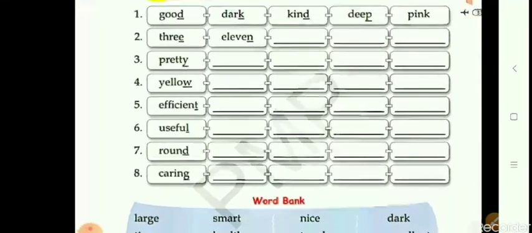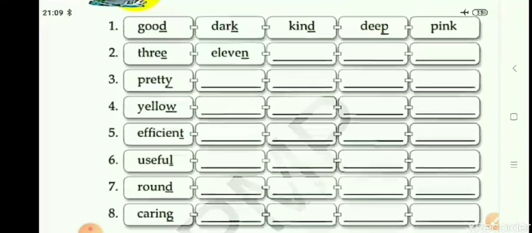One has been done for you. First one is done for you, as you can see. Good, dark, kind, deep, pink. Now children, what is this adjective chain?